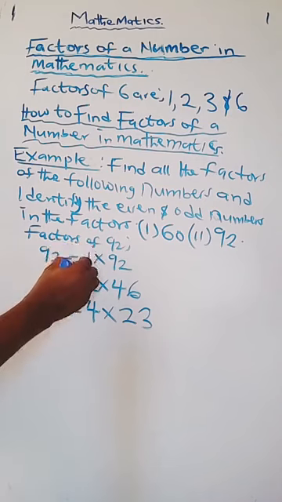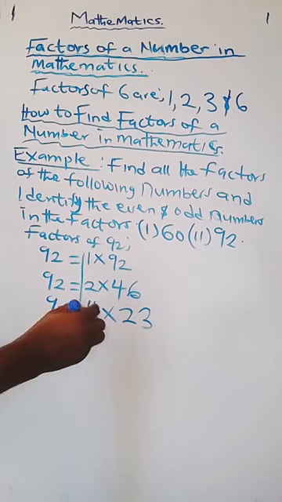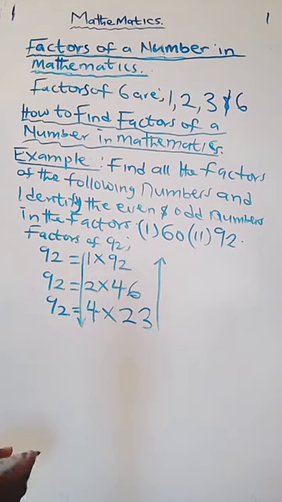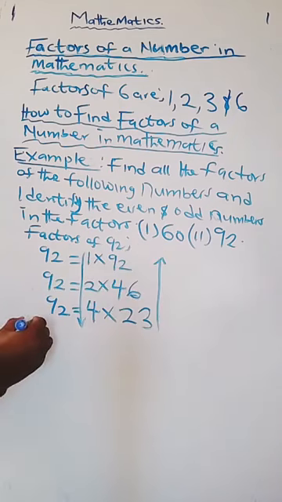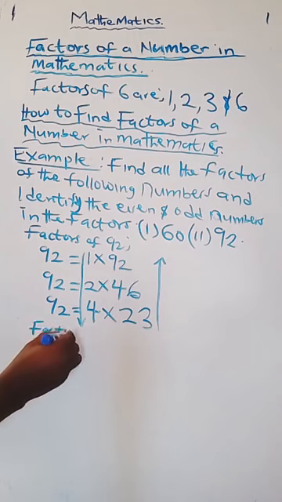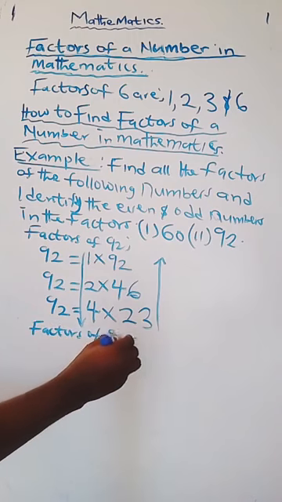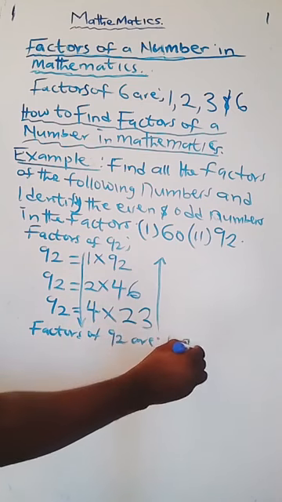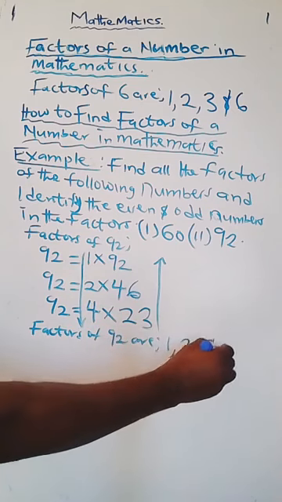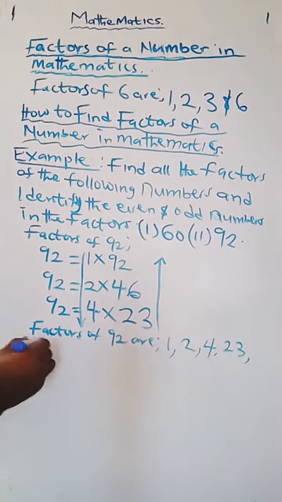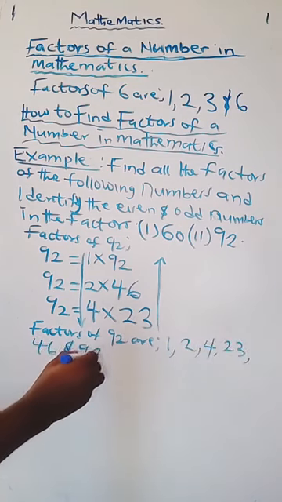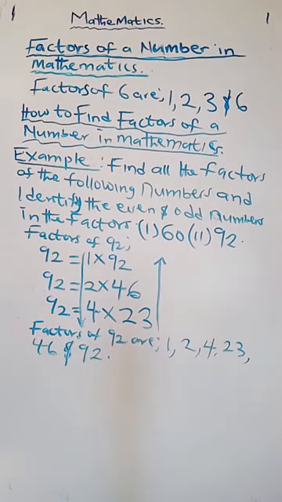So we write all the factors out like this. So let's write it out. Factors of 92 are 1, 2, 4, 23, 46, and 92 itself. All these are factors of 92.